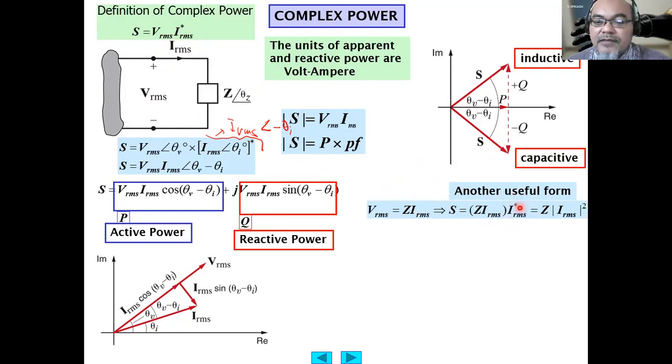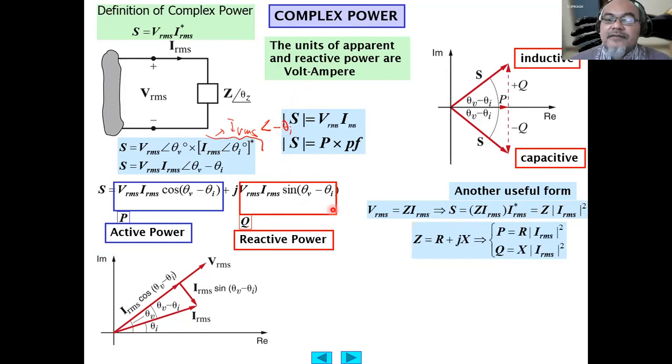This will be equal to Z multiplied by IRMS times the conjugate of IRMS, which is the magnitude of IRMS squared, because then the imaginary part will cancel each other.